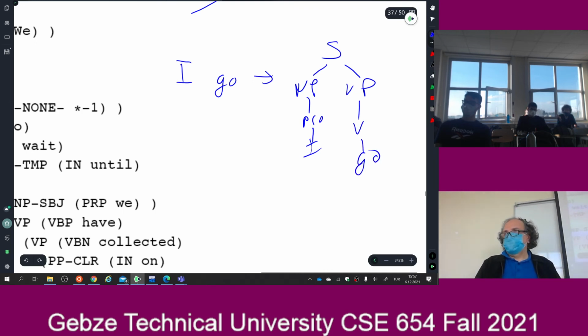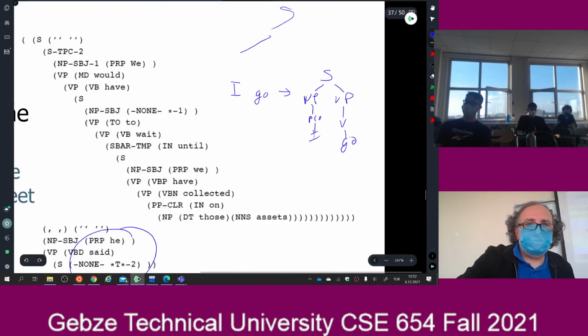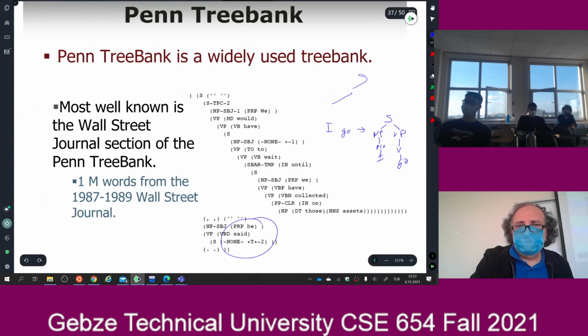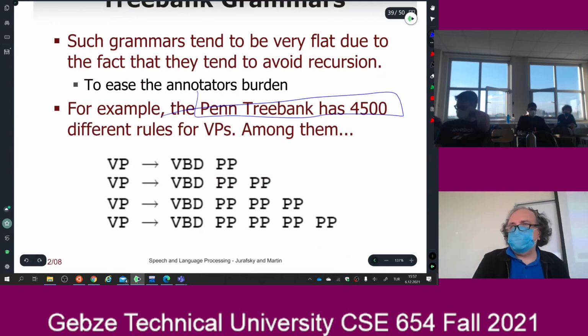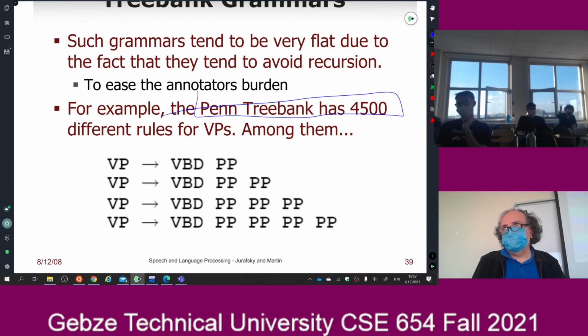Isn't this a context-free grammar? Yes, exactly. So I was asking, is treebank a subset of that? A treebank is the application of this context-free grammar to some data.